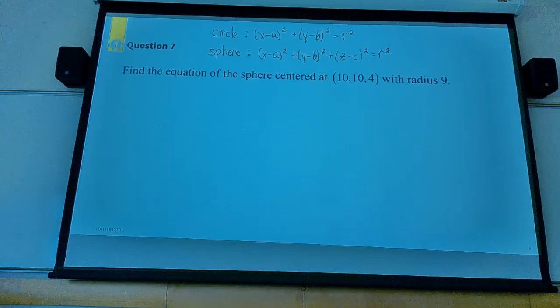A hypersphere, you just have to add your fourth coordinate in there. Well then, this would be what, x minus 10 squared plus y minus 10 squared plus z minus 4 squared equals 81.